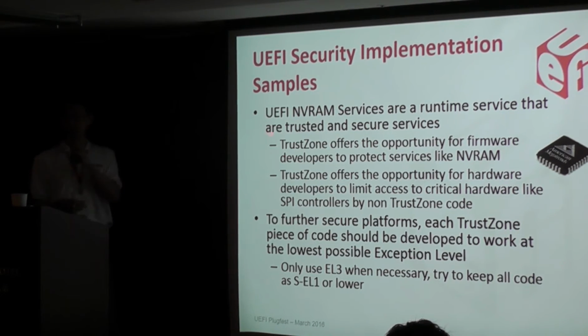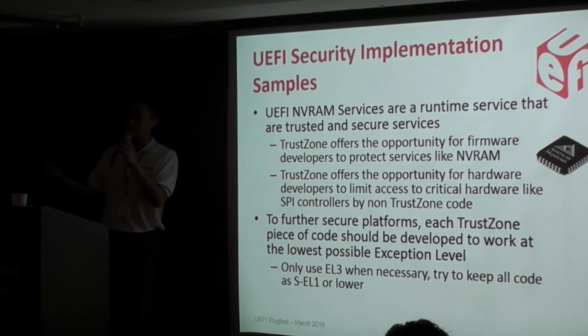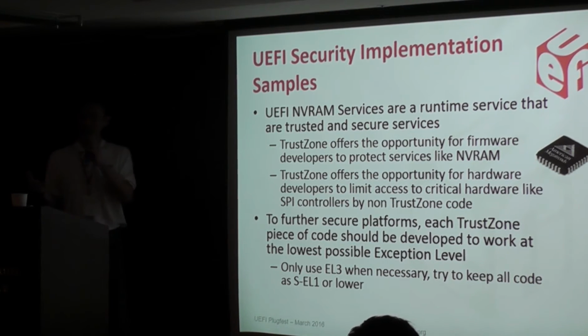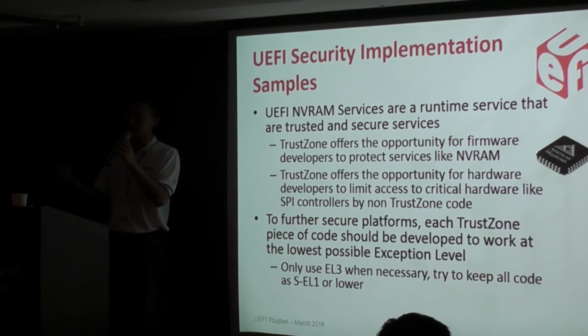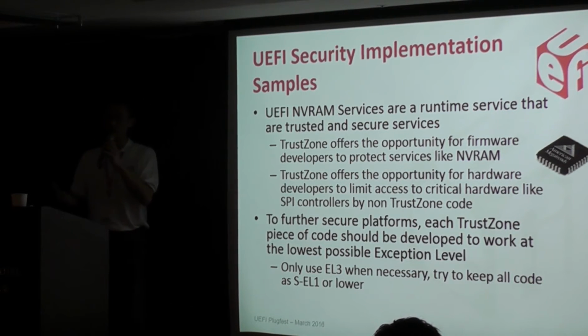As we know, the UEFI NVRAM service is a runtime service for getting and setting variables. A variable is a name-value pair in the variable space, normally stored in the SPI flash part. If it is a runtime service, it means it lives somewhere in runtime memory. Runtime memory is unsecure, so any malicious software can touch it.